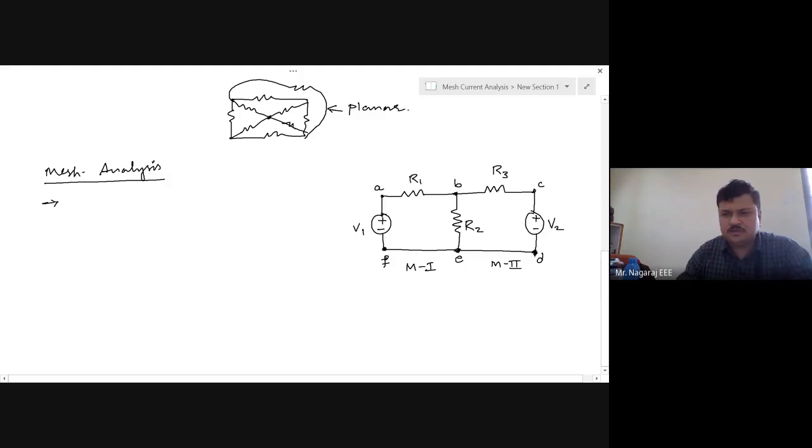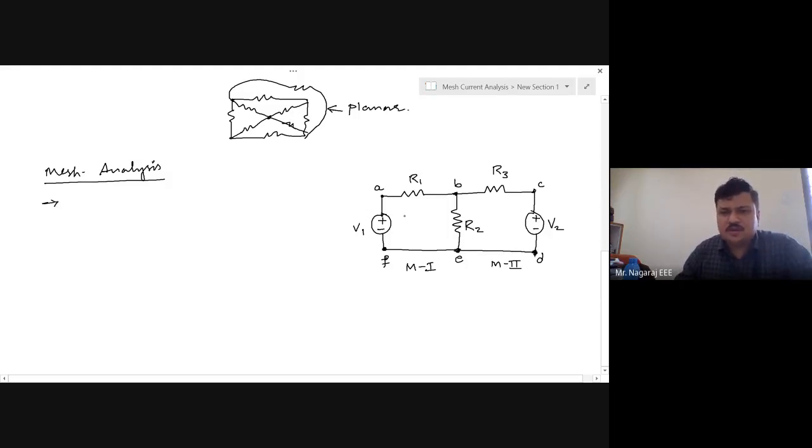Similarly, in the other mesh, it is with R3. So to know the voltage drop polarities of R1 and R2, I should know the current flowing through R1 and R2. But if I know the current, why should I analyze? I am analyzing the circuit to know the current. So to know the current, I am applying KVL, but to write KVL, I should know the current.